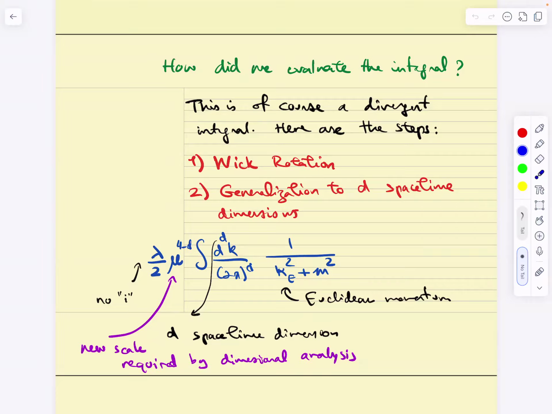So in terms of D, 4 is here, right? 3 is here. It's divergent, divergent, and then low values of D are not divergent. It turns out that you could make sense of this integral for complex values of D. It doesn't have to be an integer. Another way of saying it is this: you evaluate it for low values of D, and then you analytically continue. That's what you're doing.